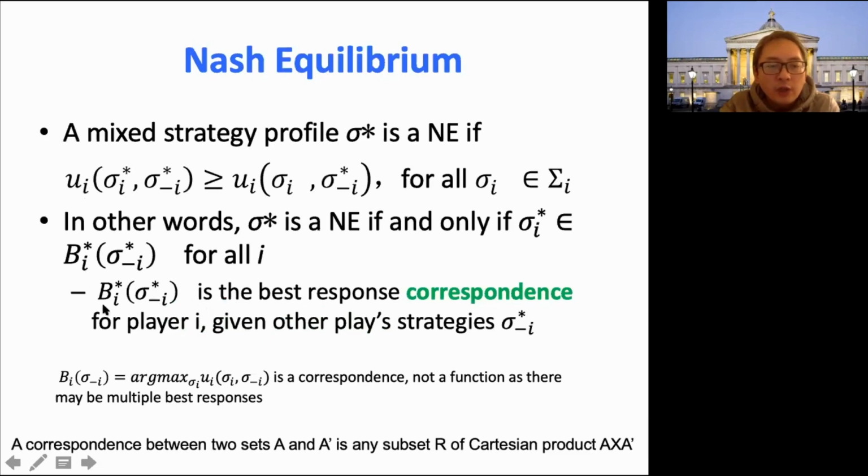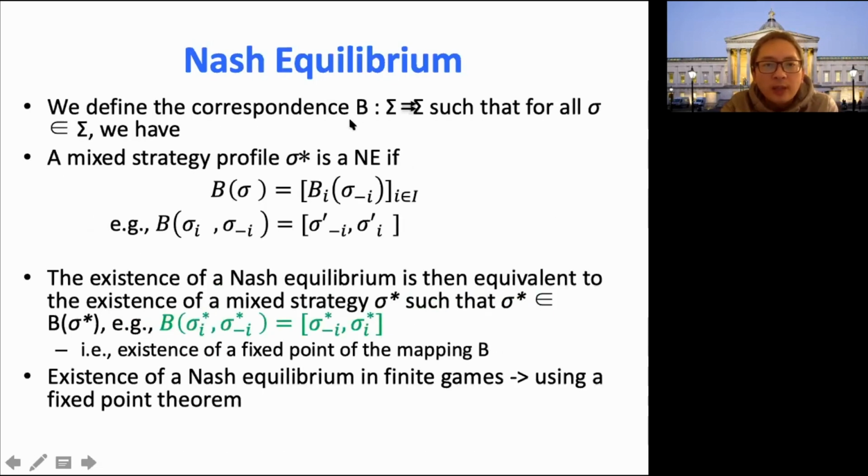We got this for the individual player, but we can define the correspondence jointly. So the joint best response correspondence is defined as a vector, and this vector is composed of each of the best responses, defined as before.